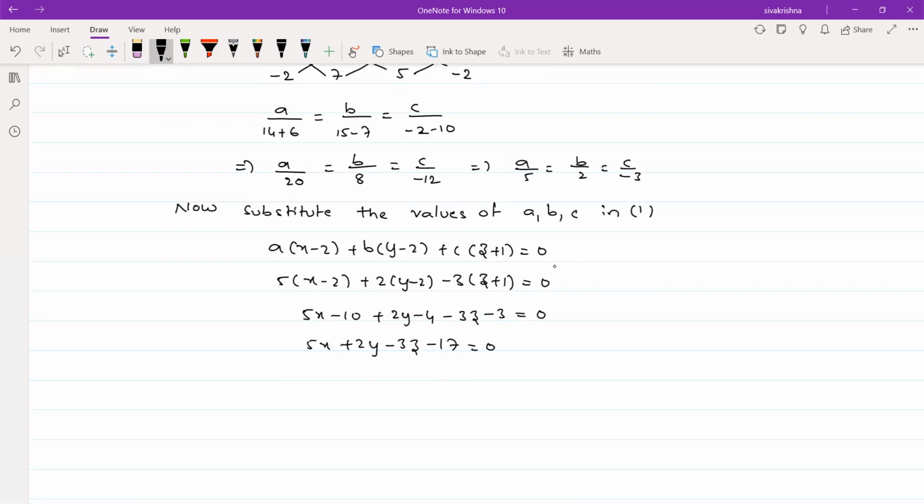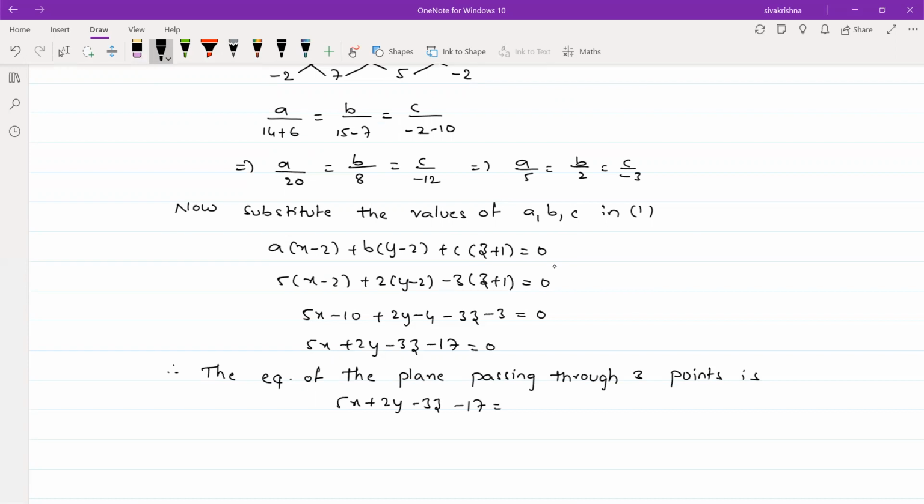Okay, so this is the required equation of the plane passing through 3 points. Therefore the equation of the plane passing through 3 points is 5x plus 2y minus 3z minus 17 is equal to 0.